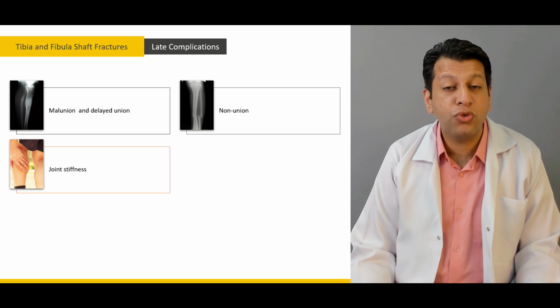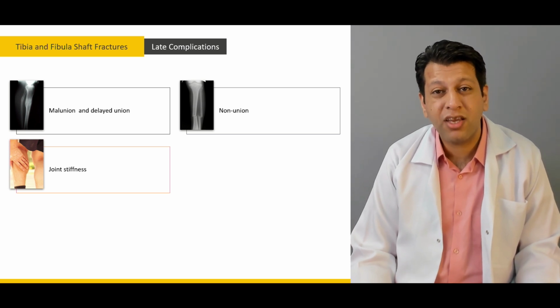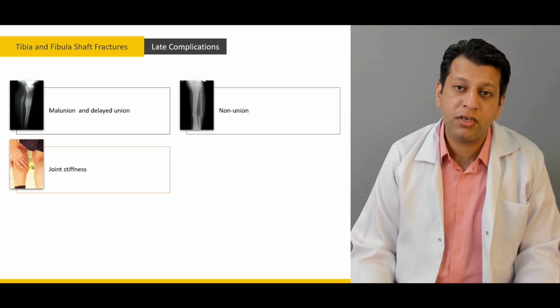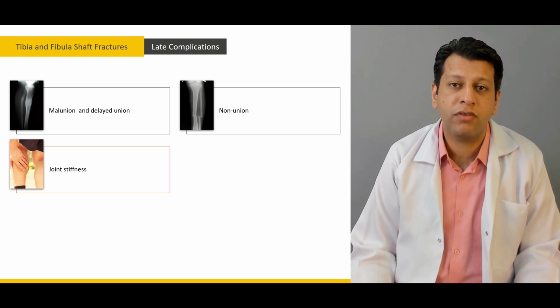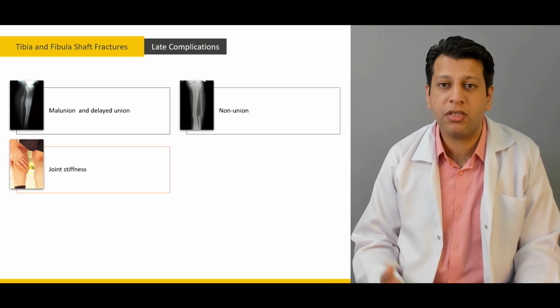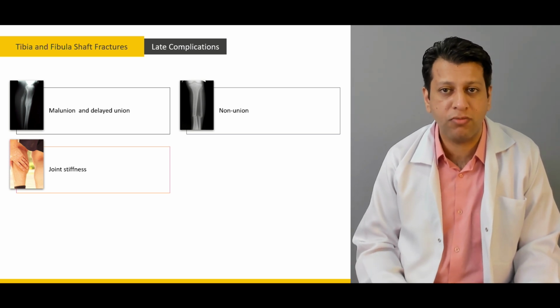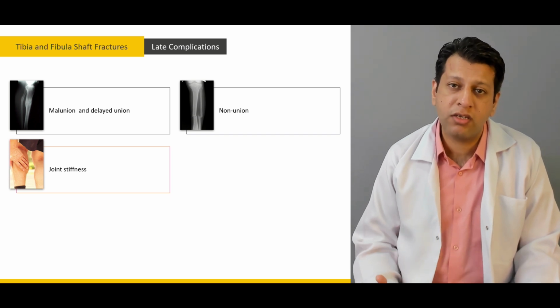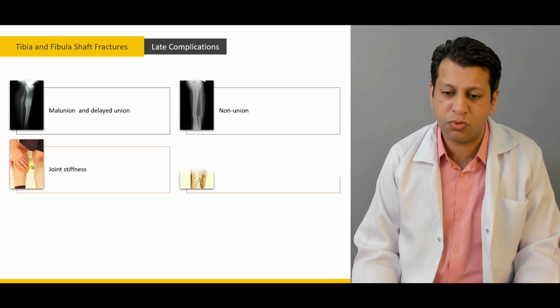Another could be joint stiffness, especially in the case of trans-knee or trans-ankle fixators, which are always associated with joint stiffness, because these fixators may stay there for 2, 3, or 4 months, even by the time the patient is fully rehabilitated. If the joint remains in one place for 3 or 4 months, this may lead to joint stiffness as well.